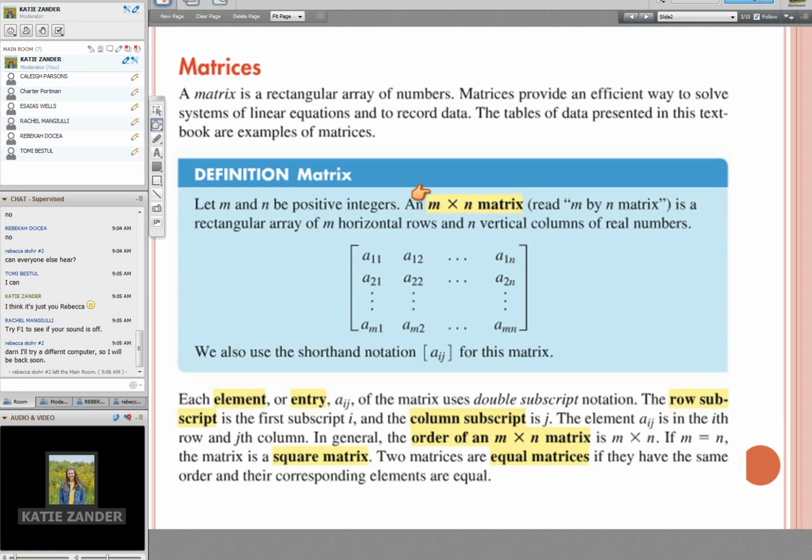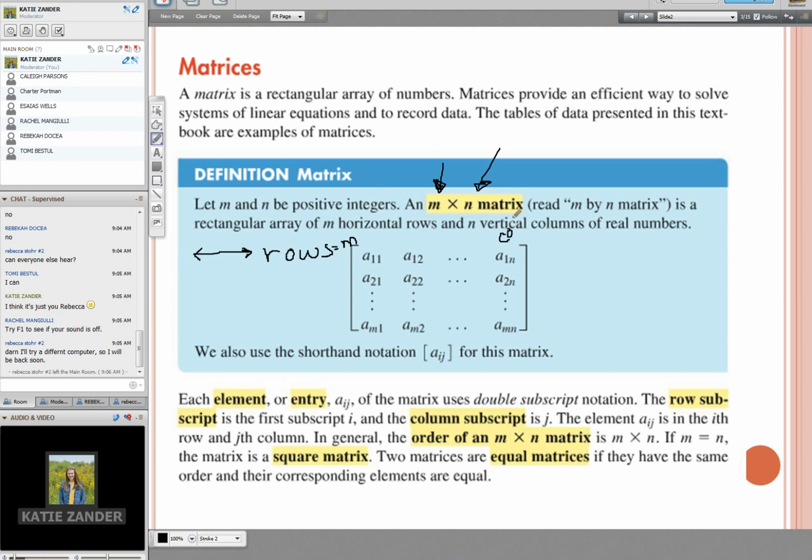M stands for the number of rows. Remember, rows go left to right horizontally, and that is going to be your M right up here. N is going to be the number of columns that the matrix has.